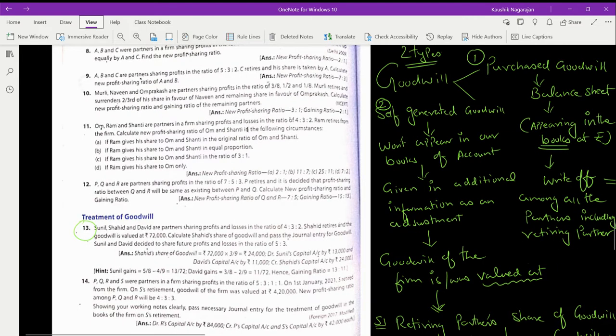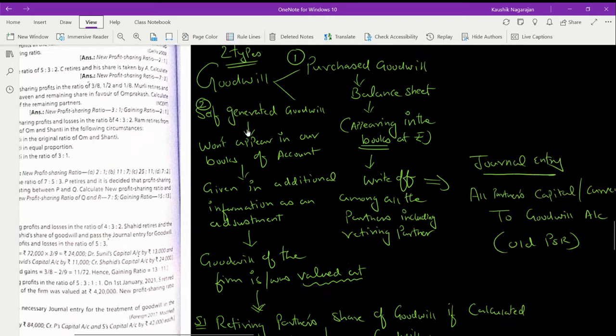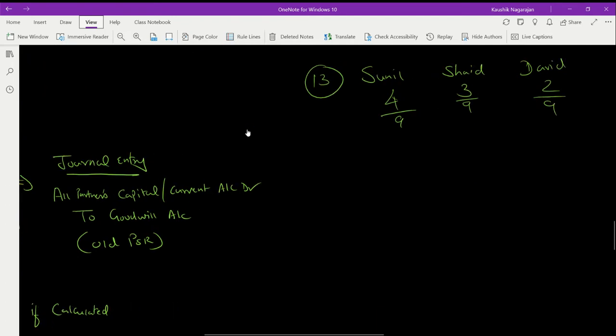Shahid retires, and goodwill is valued at rupees 72,000. So the retiring partner is Shahid.